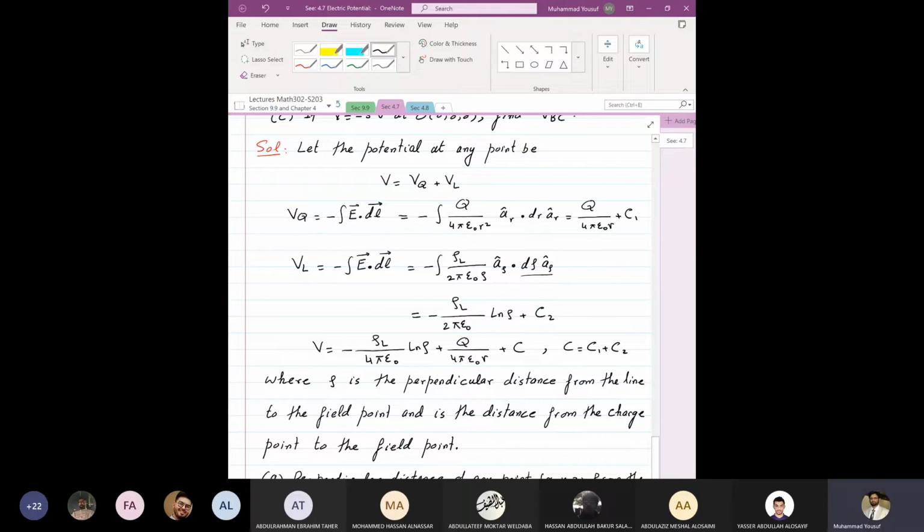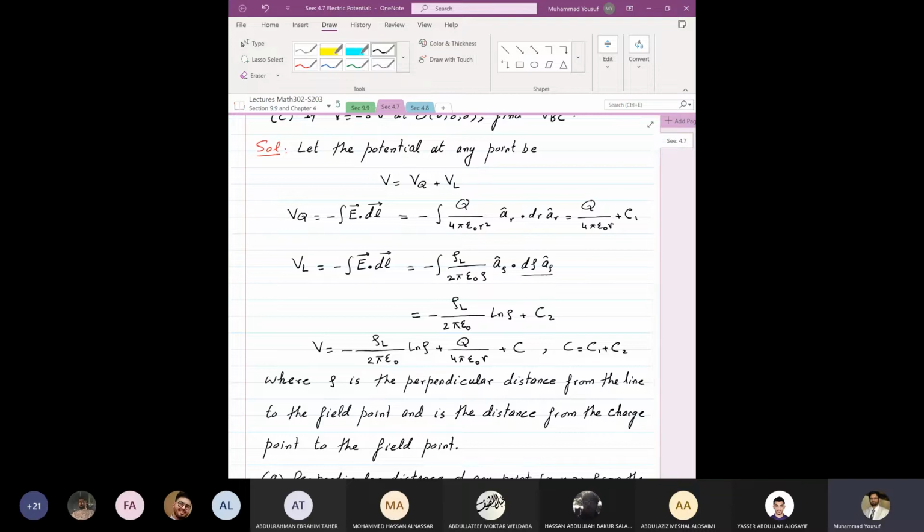Negative rho L over 2 pi epsilon naught log of rho plus C2, and then the sum of these two is given by this line: V equal to negative rho L over 2 pi epsilon naught log rho plus Q over 4 pi epsilon naught r, and C constant of integration.